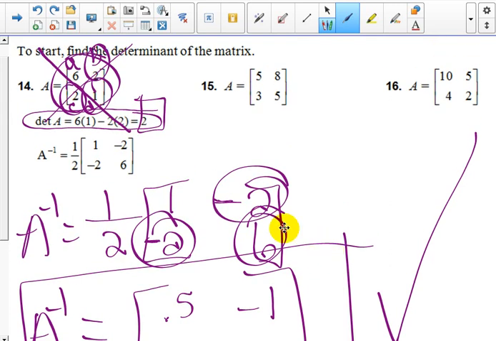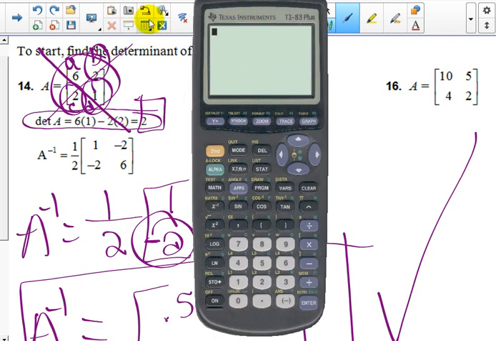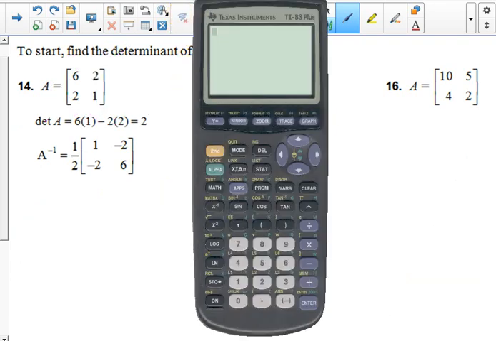Now let me show you how to do it with the calculator. All right, so go to your calculator, hit clear, and let's enter this matrix. It is a 2 by 2, and it's 6, 2, 2, 1.